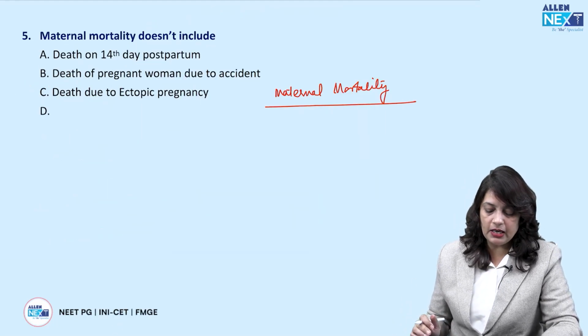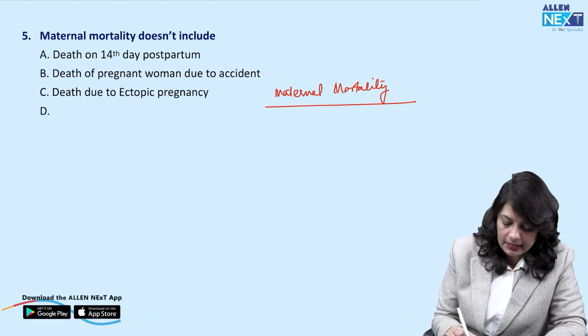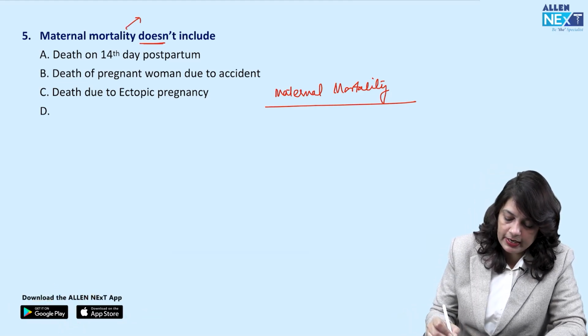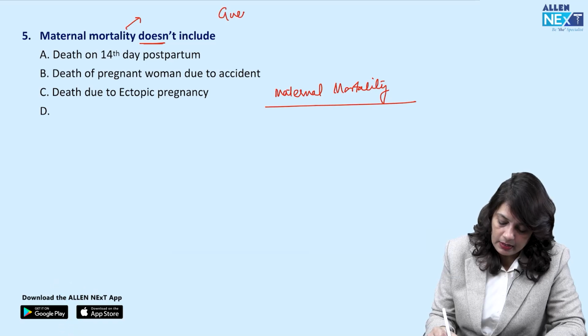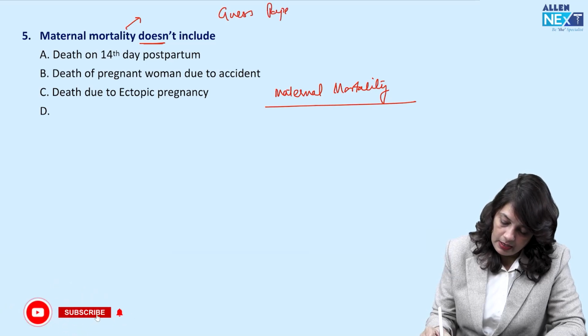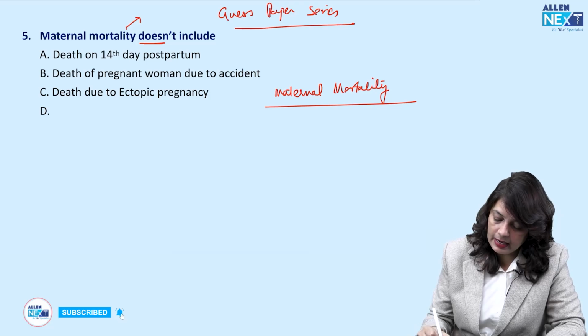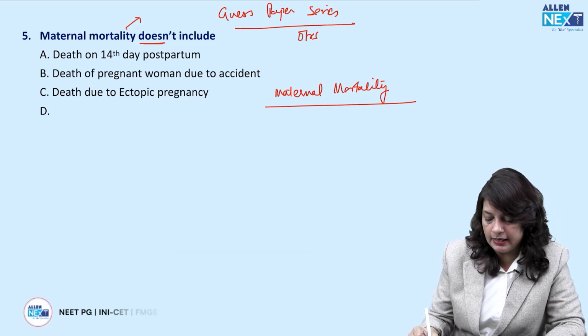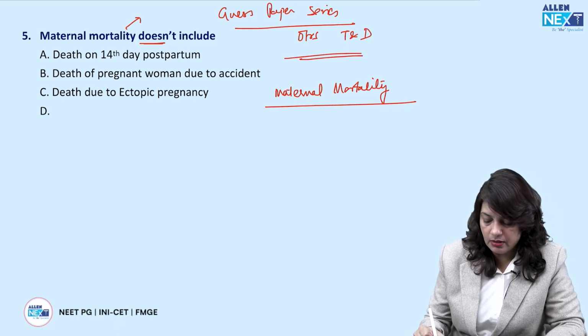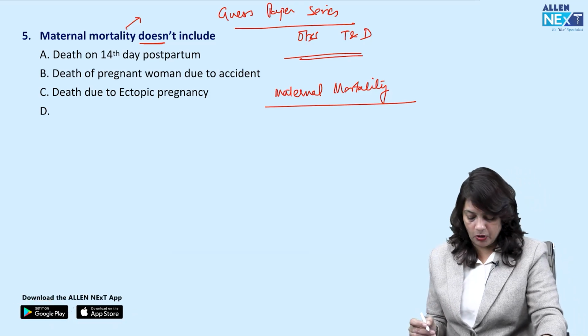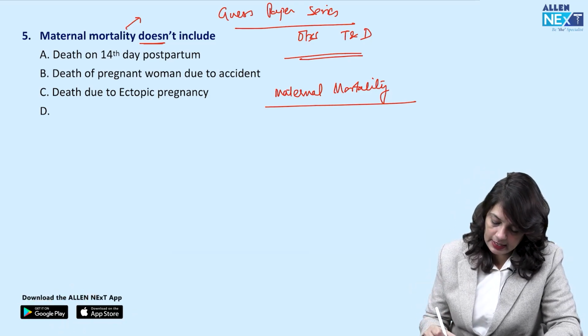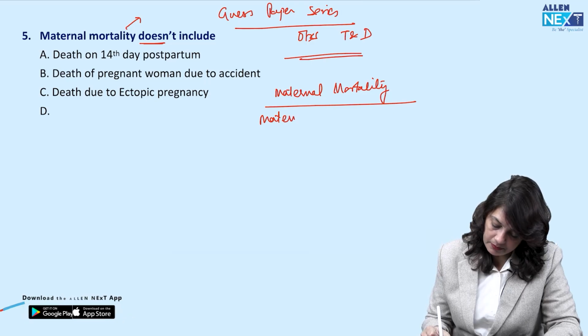Next, maternal mortality does not include. Maternal mortality, I have already discussed in my guess paper series, and even in the Obs and Gynae test and discussion. Maternal mortality is maternal death.